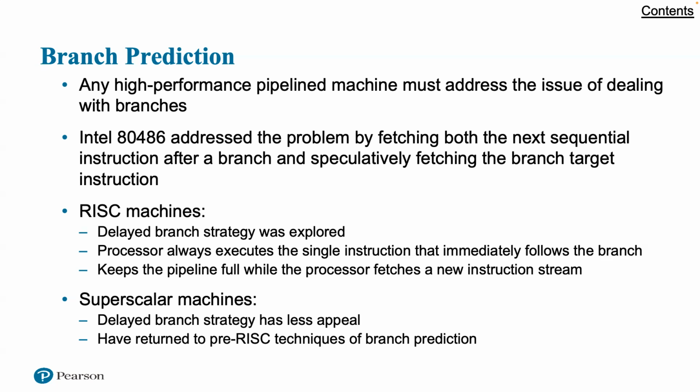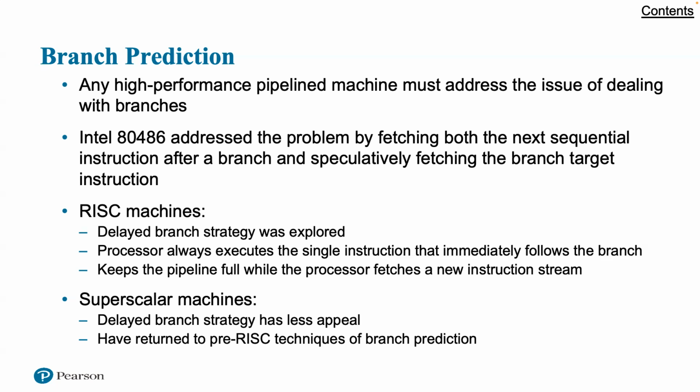This allows the processor to calculate the result of conditional branch instructions before any unusable instructions have been prefetched. With this method, the processor always executes the single instruction that immediately follows the branch to keep the pipeline full while the processor fetches a new instruction stream.